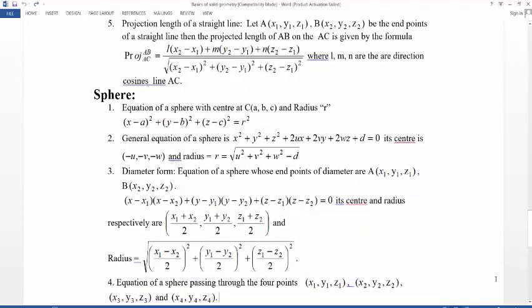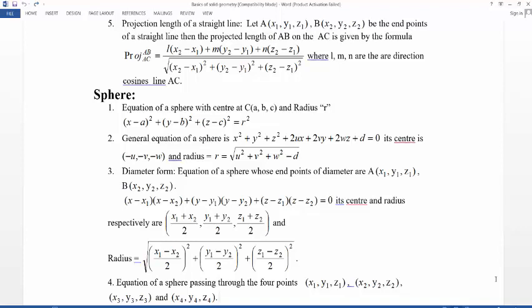We already know circles from a small revision. We'll take more detail on sphere, but for your information we should know the equation of a sphere with center having coordinates a, b, c and radius r. That is given by (x minus a) square plus (y minus b) square plus (z minus c) square equal to r square.